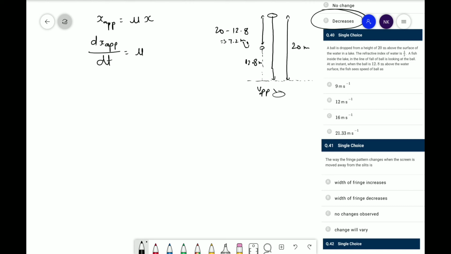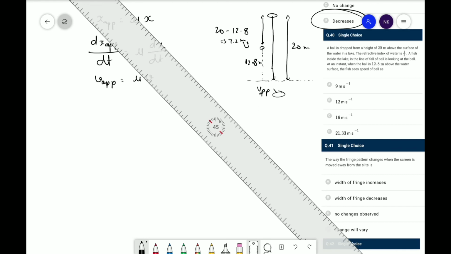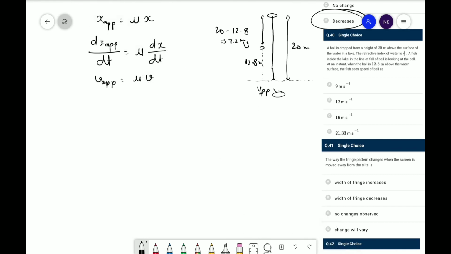Mu is constant, so we differentiate only the distance. dx/dt is velocity, hence v apparent equals mu times v. We don't know the velocity yet, but the speed will be equal to the square root of 2gh.